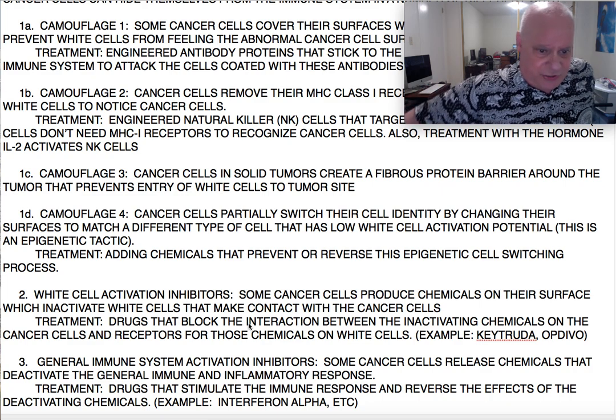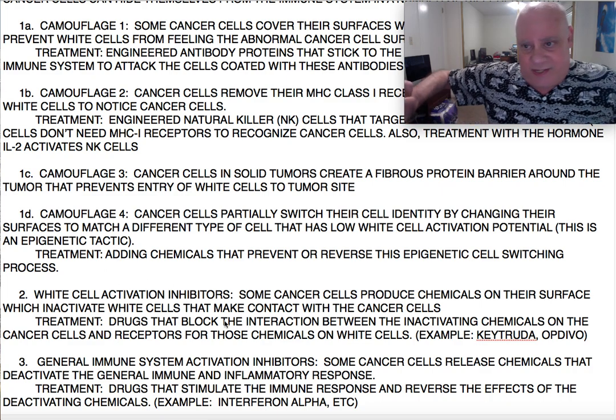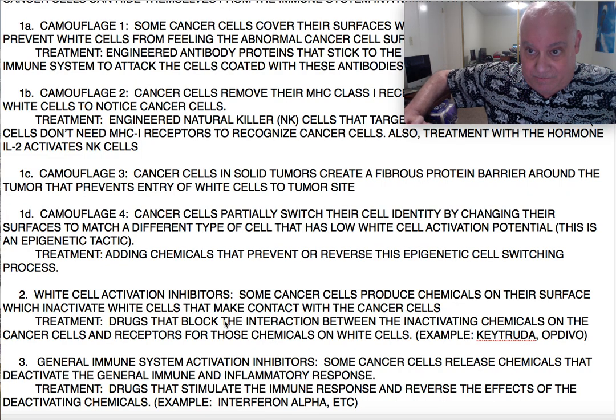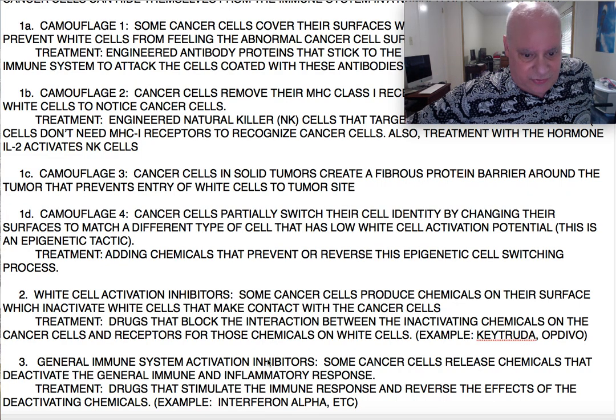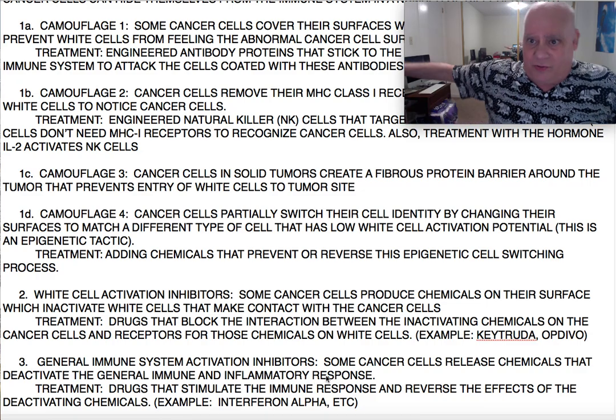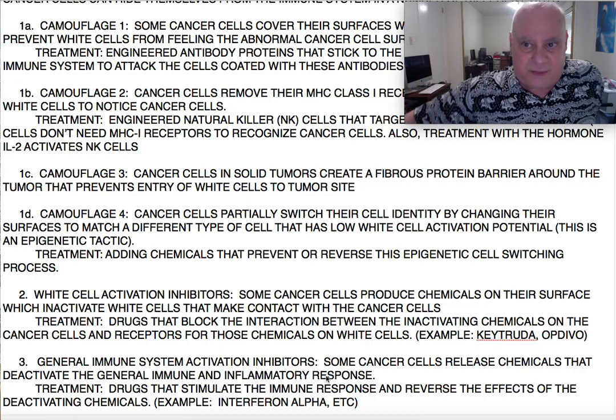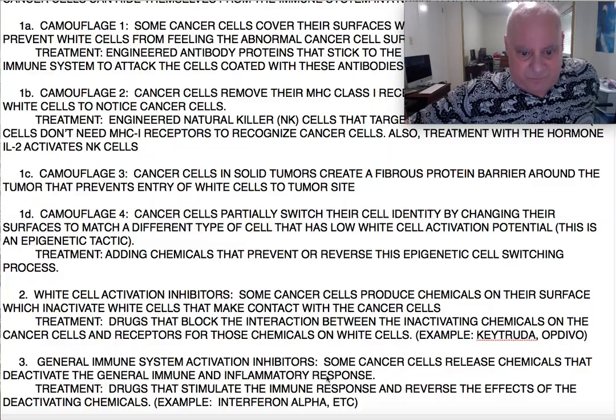That's different than number 2 here, because number 2 is an actual blockage where a cancer cell blocks the immune cell that's touching it or that's trying to attack it. Here, this is where the cancer cell is just blocking all the immune responses in the body, just generally dampening the immune system.